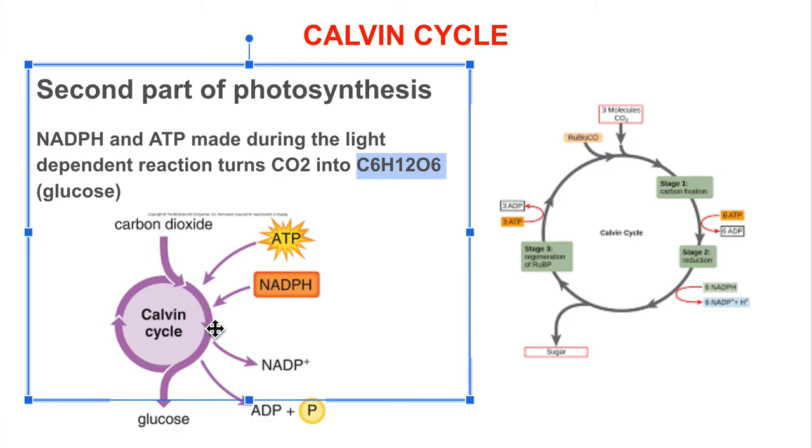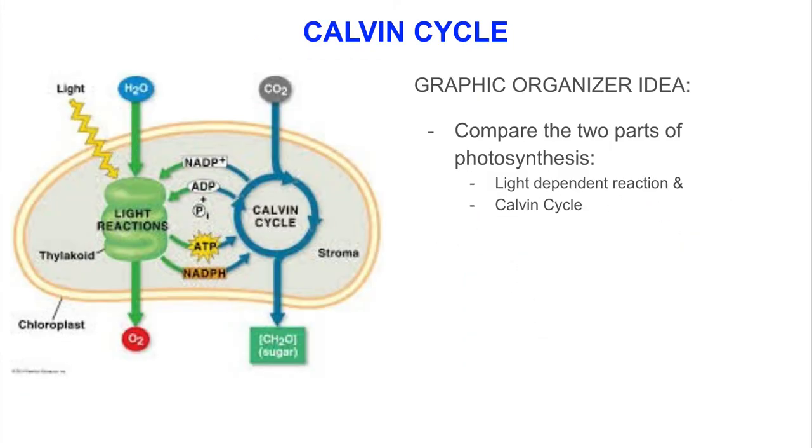So carbon dioxide goes in, I use that ATP, that NADPH, and what will come out will be glucose. This is a little bit more complicated, but it's still the same thing. Carbon dioxide's going in. I'm going to take ATP, I'm going to take NADPH, and I'm going to create that sugar, which is glucose. Don't worry about all the other details of this other stuff.